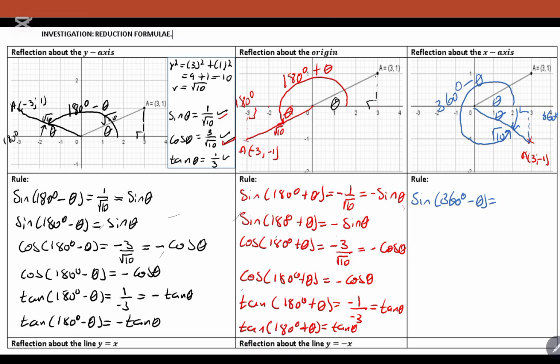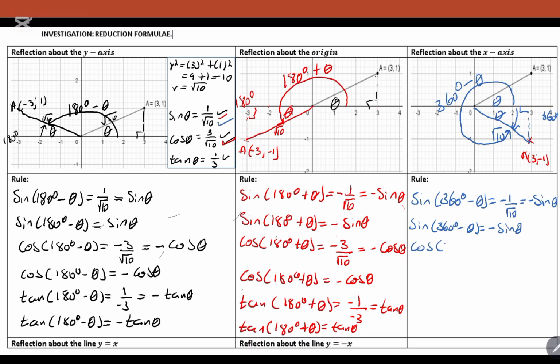Sine of 360 minus theta will therefore be equal to negative 1 over the square root of 10. But what do we know about 1 over square root of 10? 1 over square root of 10 is equal to sine theta, but this answer is negative. So this is equal to negative sine theta. So the reduction rule for this will be sine of 360 minus theta is equal to negative sine theta.